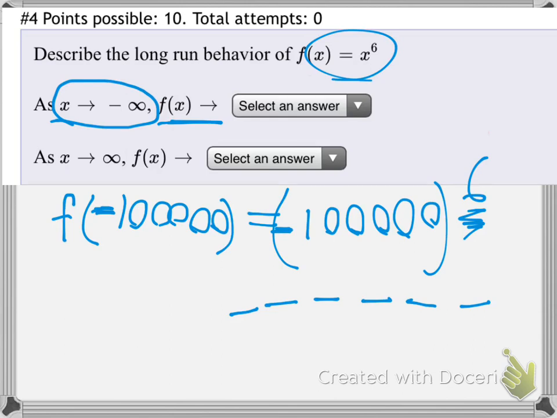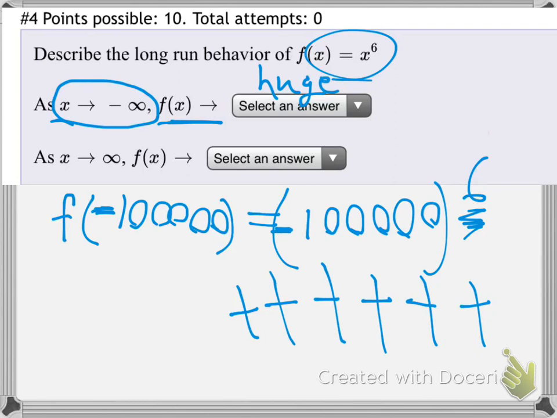Yes, but is it a positive huge number or a negative huge number? In our minds, I know because of the function it's going to be huge, but will it be positive or negative? Let's see here. Negative times negative, negative times negative, negative times negative. So I guess because sixth power is an even number, all the negatives cancel out.